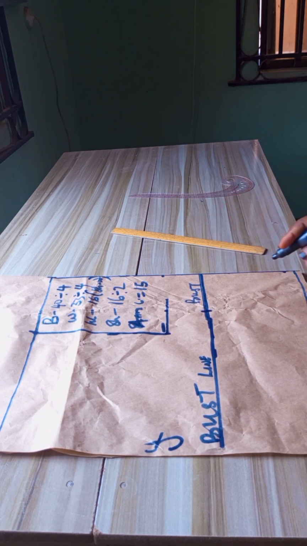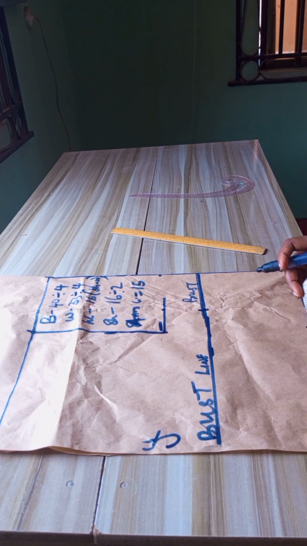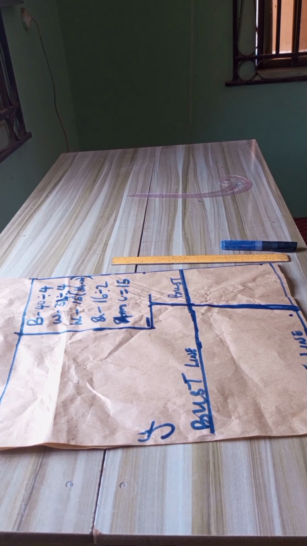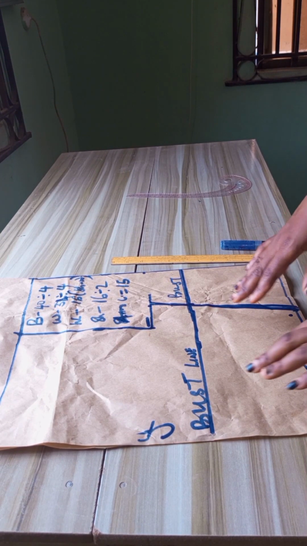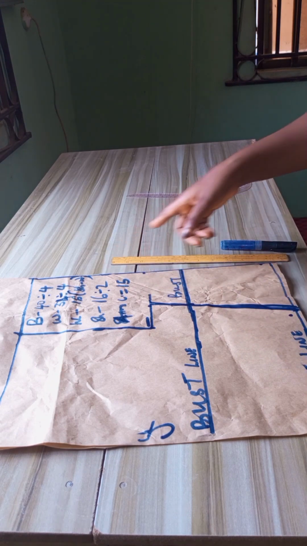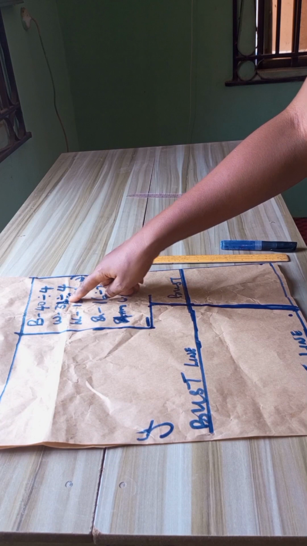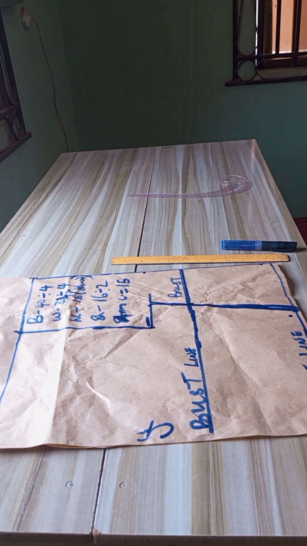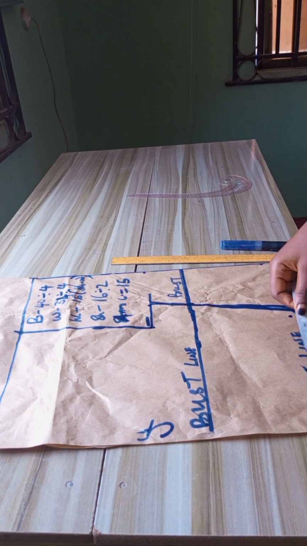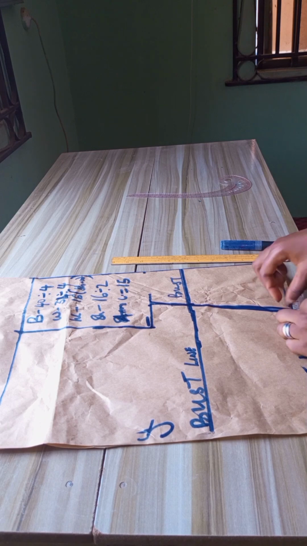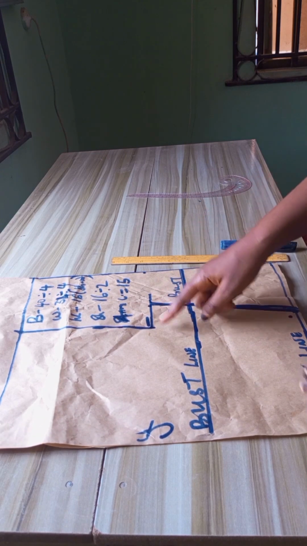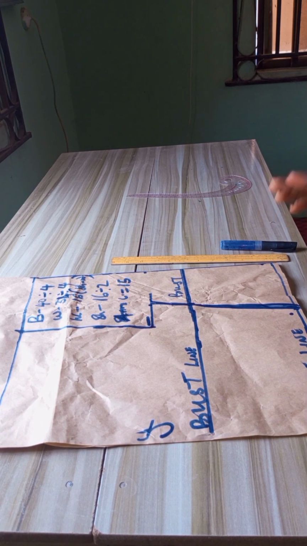Sorry, my waist circumference is 34 divided by 4. That is 8.5. So we now connect it to your bust line and the armhole line. We are done with that.